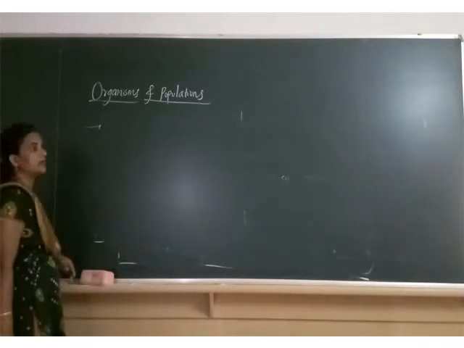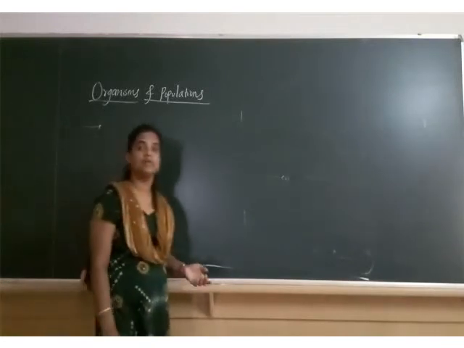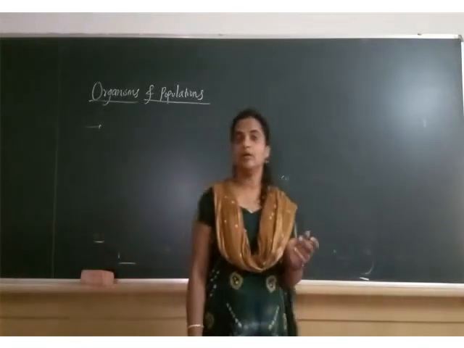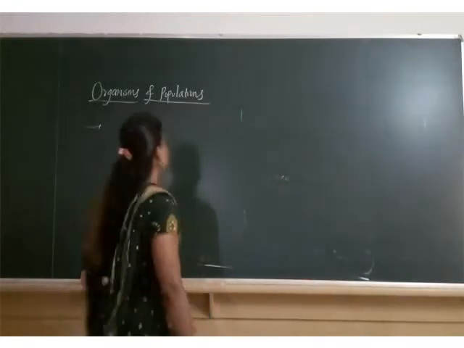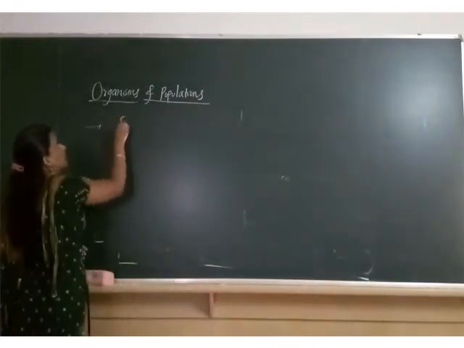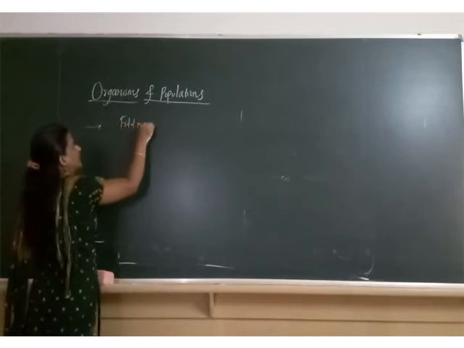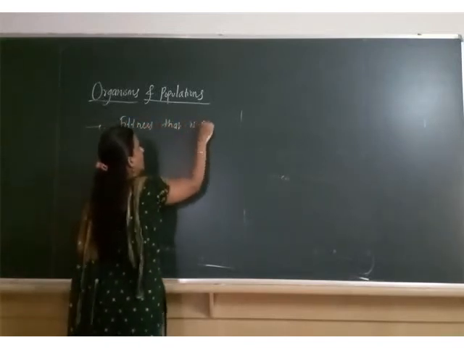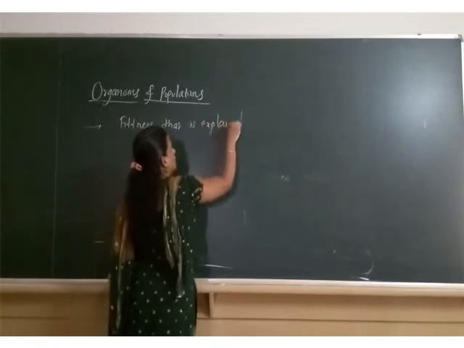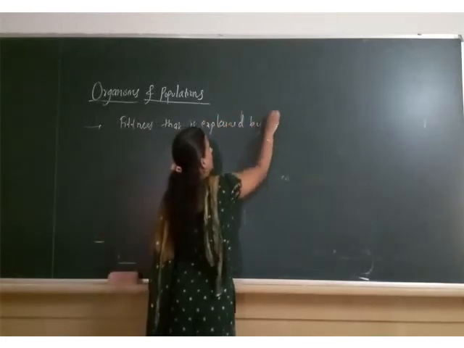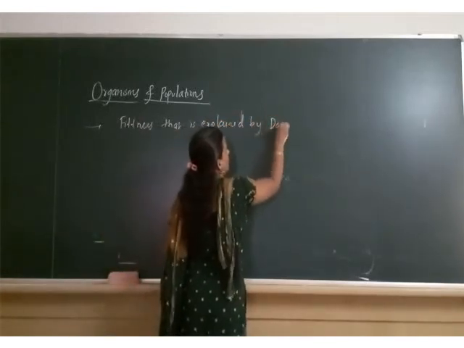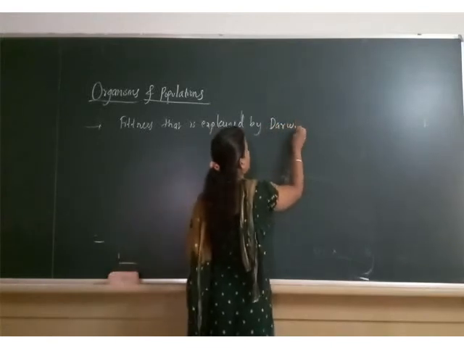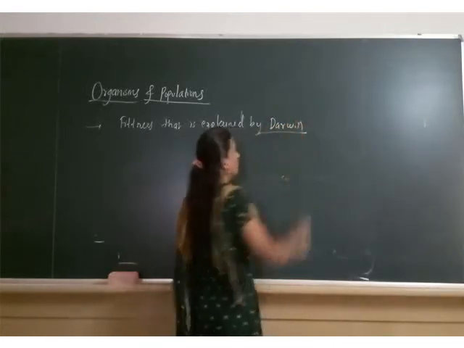This is again explained by Darwin's fitness. All these population densities are based on what? That is based on fitness. That is explained by whom? The most popular scientist, that is Darwin.